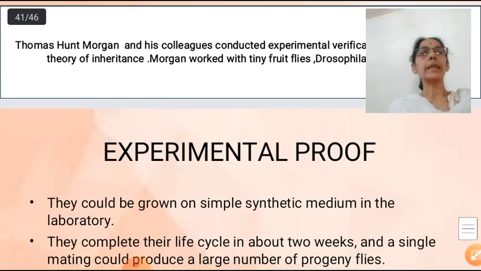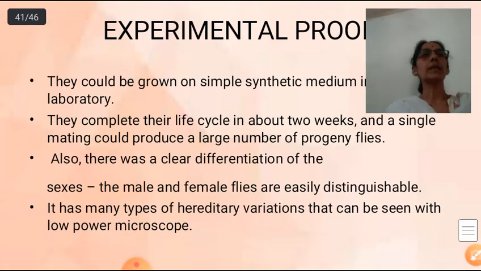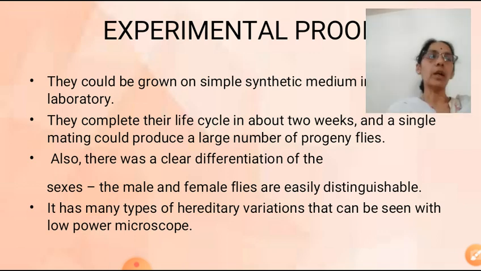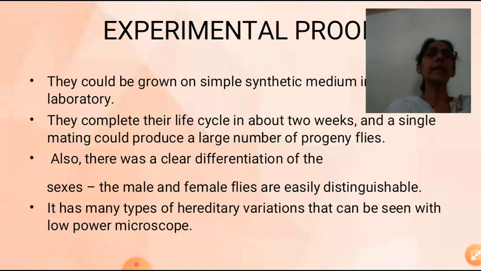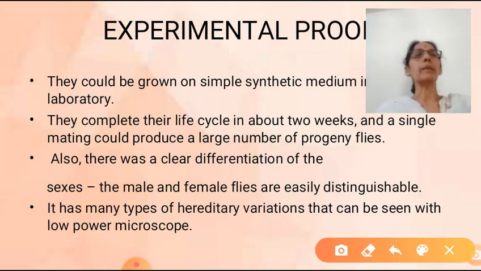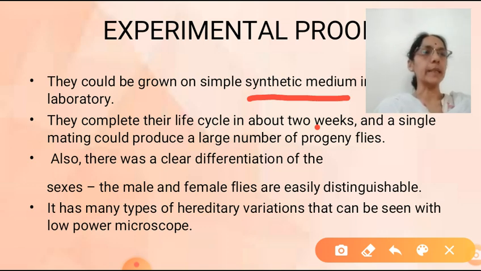Why has he taken only this particular fruit fly, Drosophila? Because it can be easily grown in synthetic medium. Second, it completes its life cycle in about 2 weeks. Within 2 weeks you can get the result.